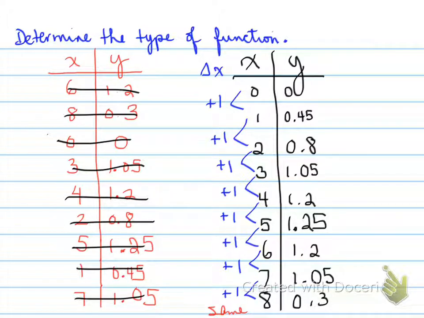We need to get the y values. How do we find what's happening with the y's?